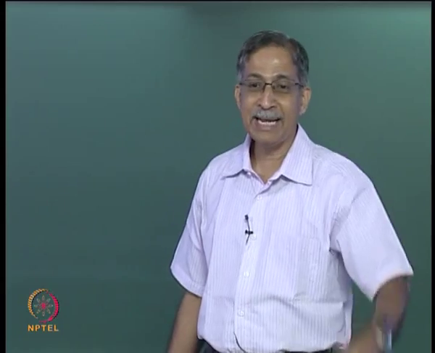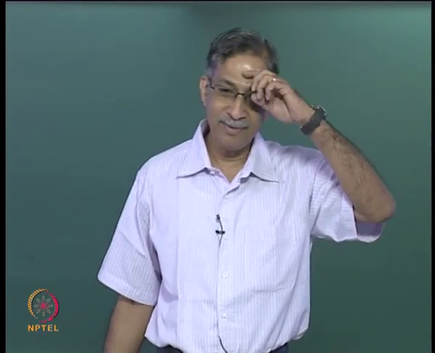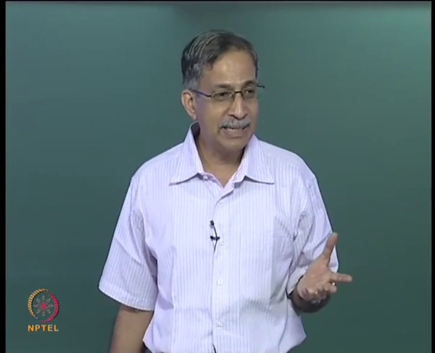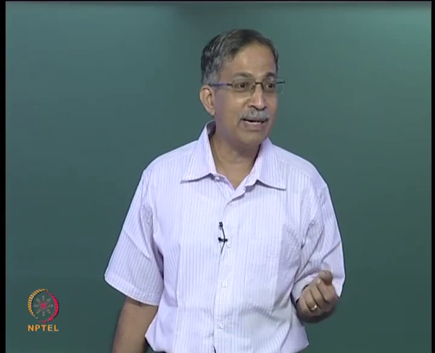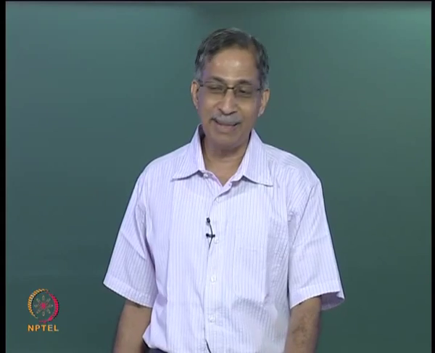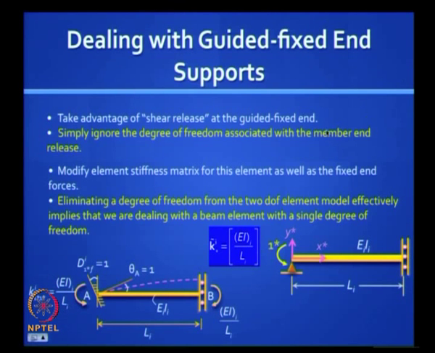Here we will take Ramesh's suggestion. Remember in the beginning he said, why do you always take a simply supported beam as the element, why can't you take a cantilever? Here it's ideal to take a cantilever because the behavior is exactly like a cantilever. So you can take this element, but it looks so complicated, right?